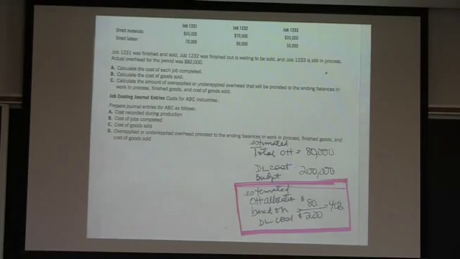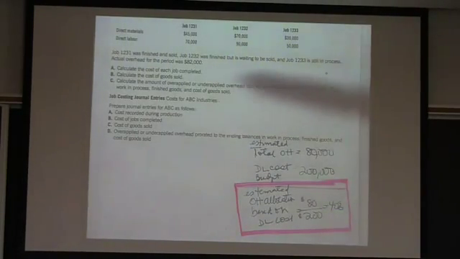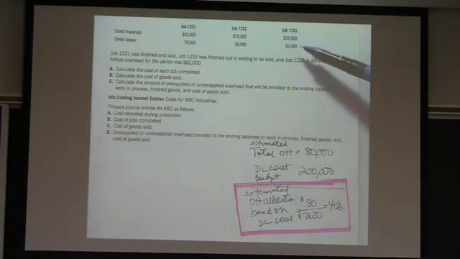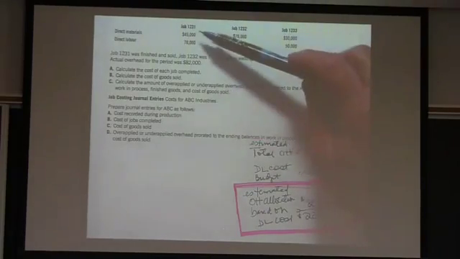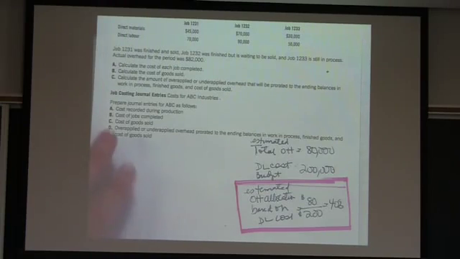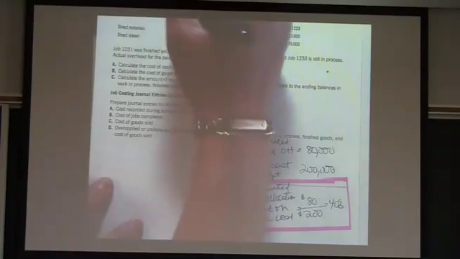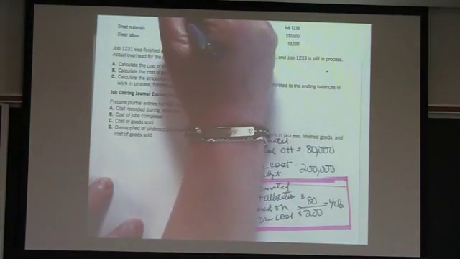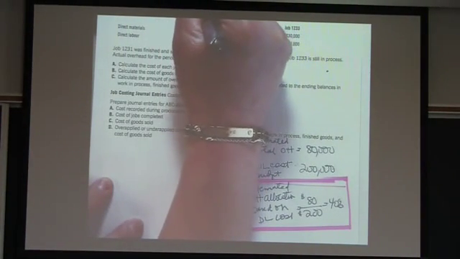Now, we've got 3 jobs: Job 1231, 1232, and 1233. We're given the materials and labor. We're told that 1231 was finished and sold, so this is now part of cost of goods sold. So finished goods to COGS.